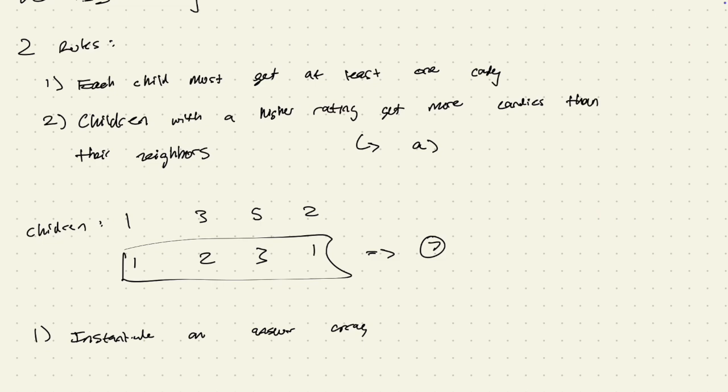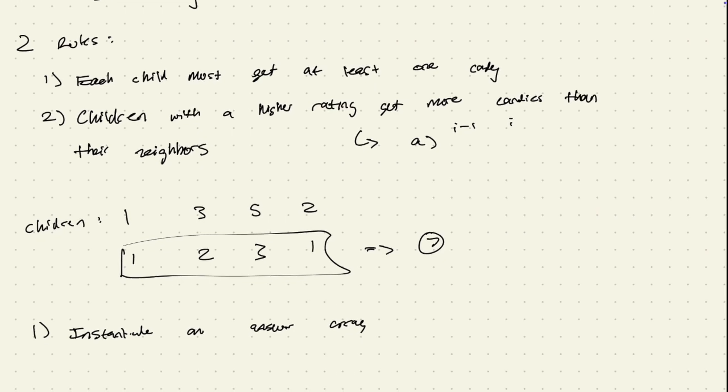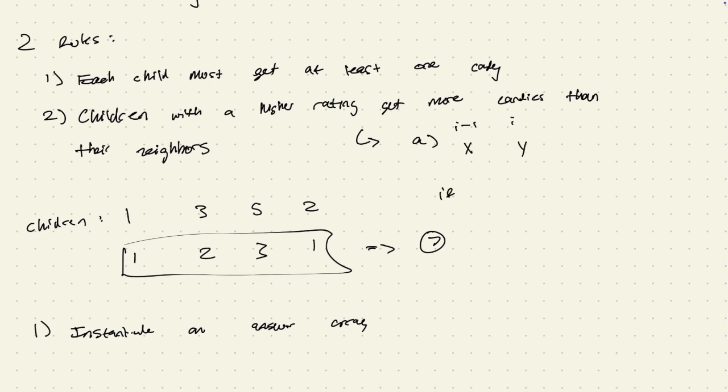Let's say this is I minus 1 and this is I, like index. Let's say this is x and y. If x is strictly less than y, we're going to assign y a higher candy count.